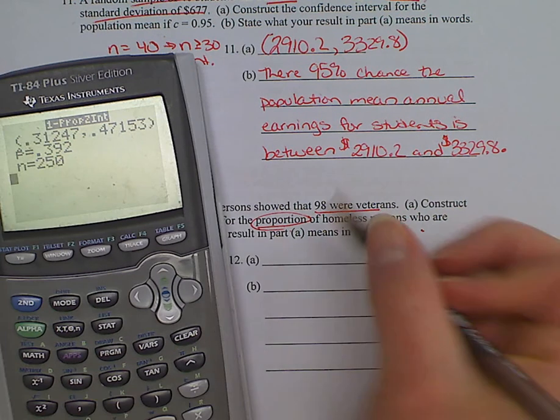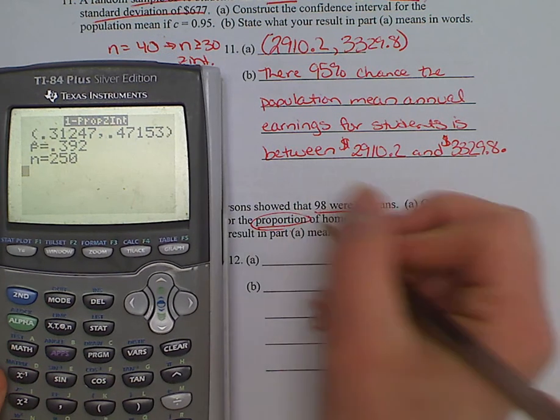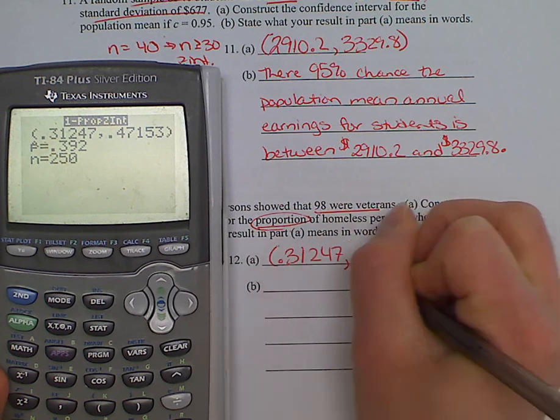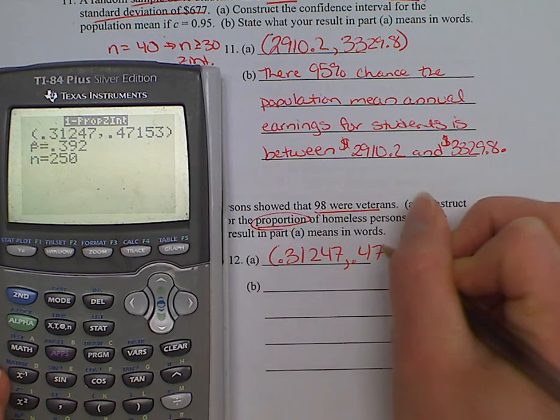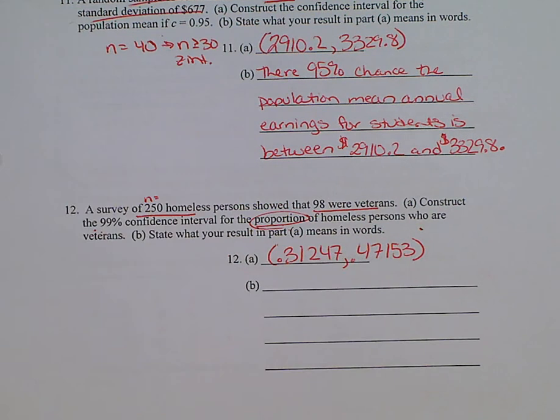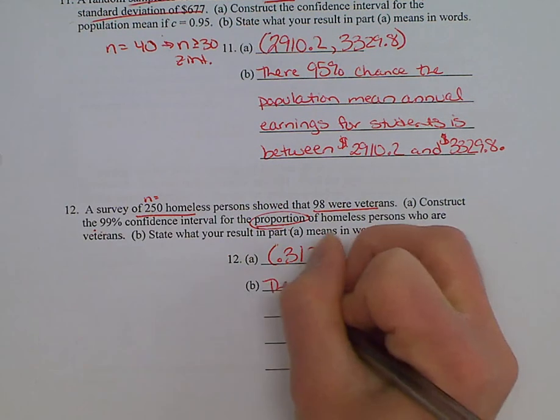So our interval is 0.31247 to 0.47153. So what does this interval mean in words? There is a 99% chance.